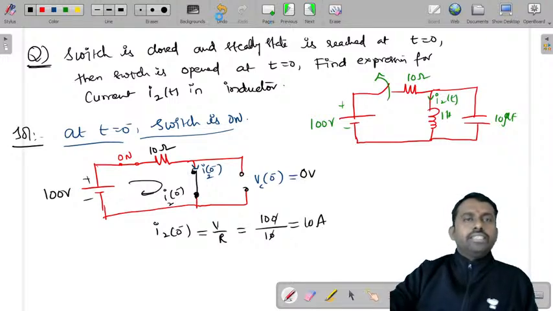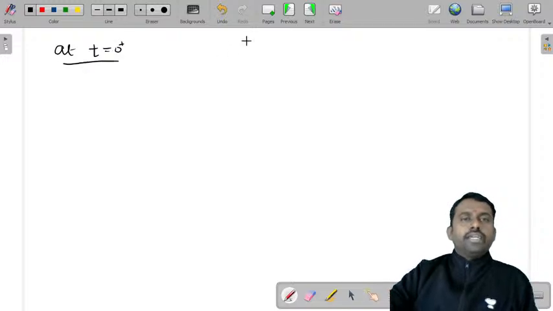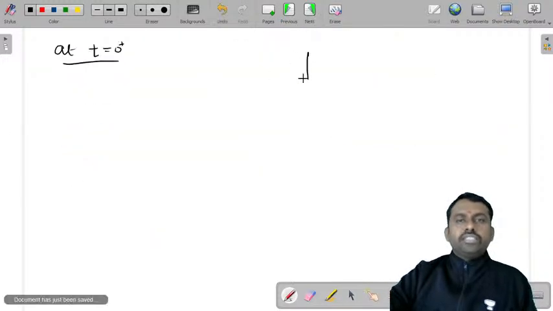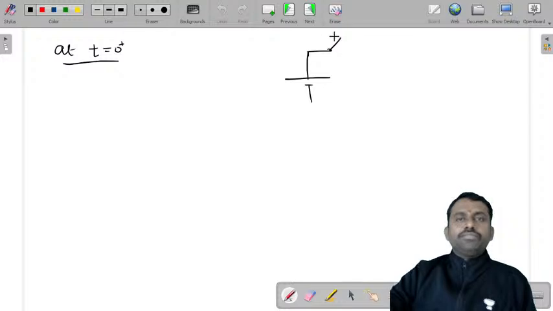Now let us consider the second case, at t is equal to 0 plus. At t is equal to 0 plus, consider this voltage is not connected. You have a resistor, inductor, and capacitor.